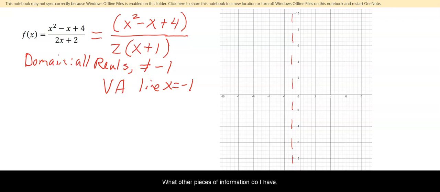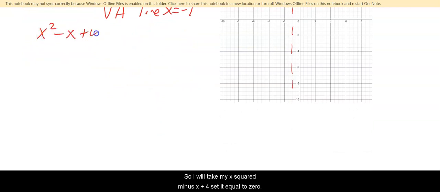What other pieces of information do I have? I can't set the numerator easily equal to 0 and solve, but I can set it equal to 0 and solve. If I set it equal to 0 and solve, I'm trying to find the x-intercepts. So I will take my x squared minus x plus 4, set it equal to 0.